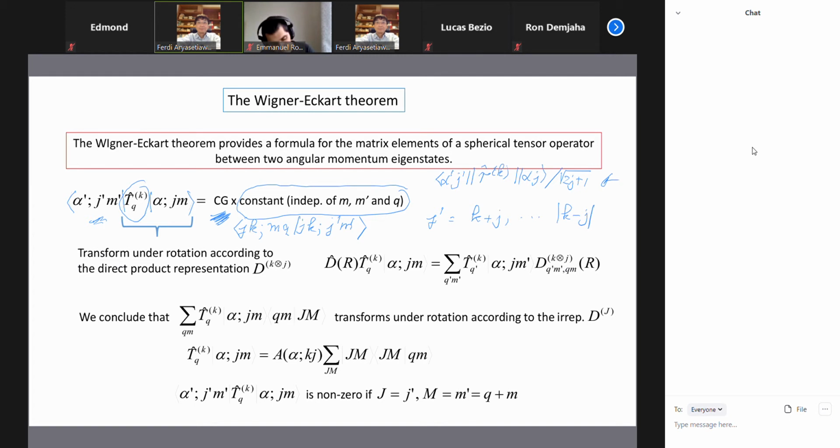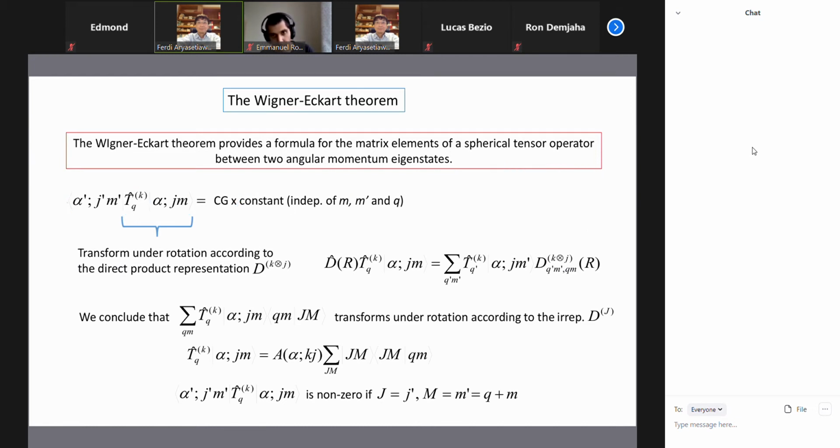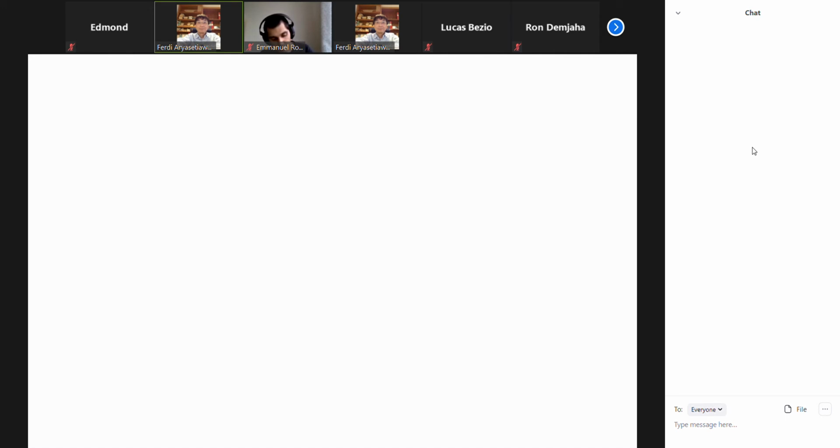That is useful, because this constant is independent of m, m prime, and q. This means that if we take a ratio between one matrix element and another matrix element with a different m, let's call it m1, and a different q, let's call it q prime, and m3, this will be just a ratio of Clebsch-Gordan coefficients.